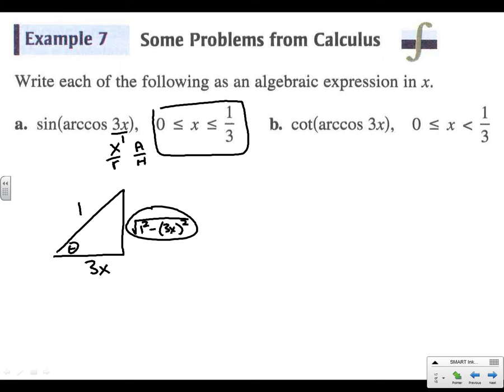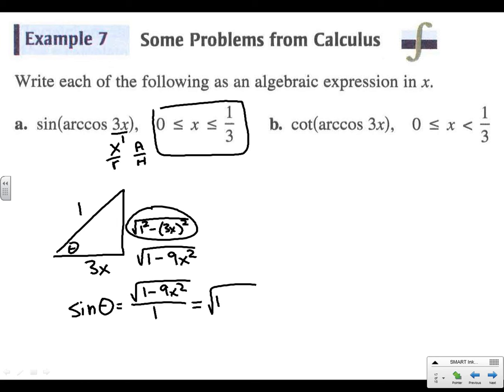I'm going to simplify that as 1 minus 9x squared. And so to do the sine, what we're going to have here is opposite over hypotenuse. So final answer simplified is the square root of 1 minus 9x squared.